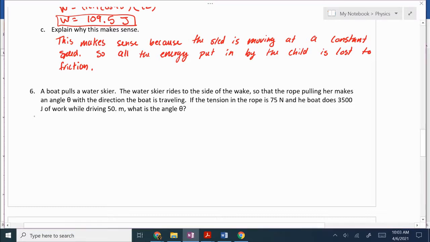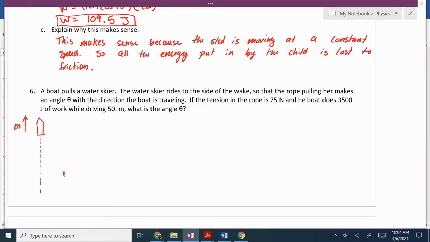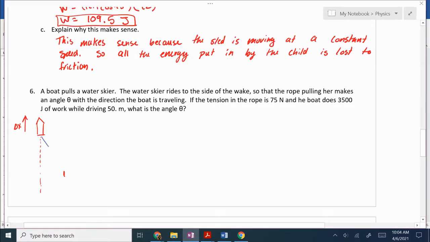I think one of the tricky parts of this is finding the picture. So here's our boat. The boat is traveling forwards, just the direction the boat's going. Our water skier is over here, and so the rope goes that way.